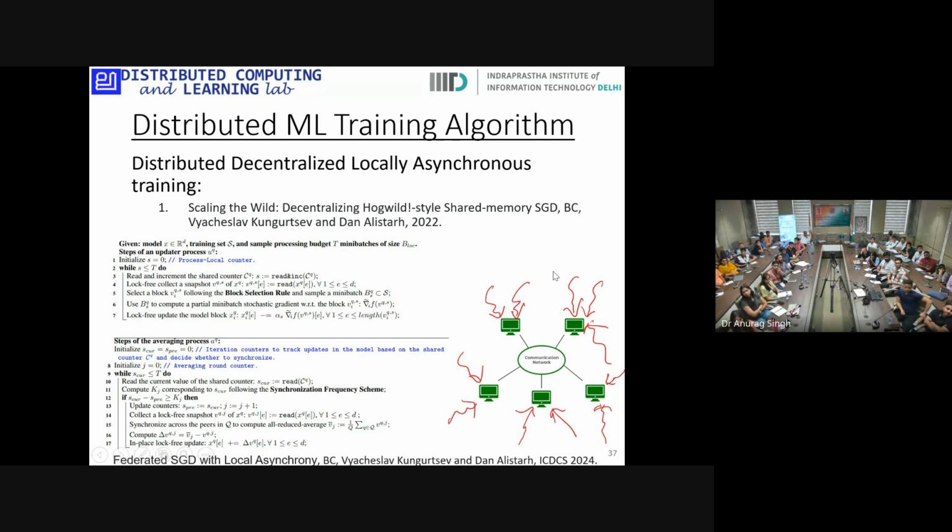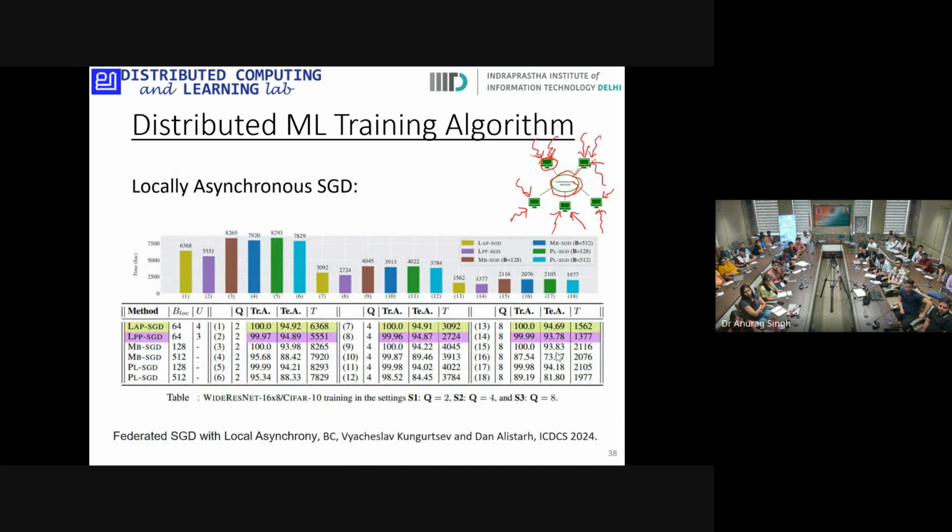Here I am talking about asynchrony at two levels: we are doing asynchrony in every machine in a shared memory setting, and then we are doing asynchrony in distributed communication as well. I won't go into detail. This paper was just published this year, again at a very good conference. The results are here.